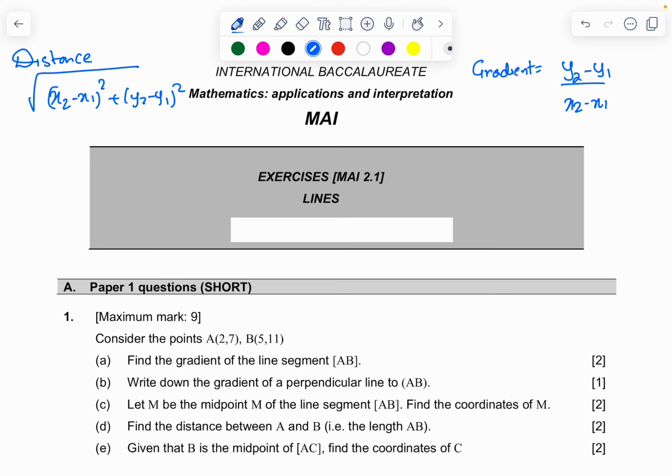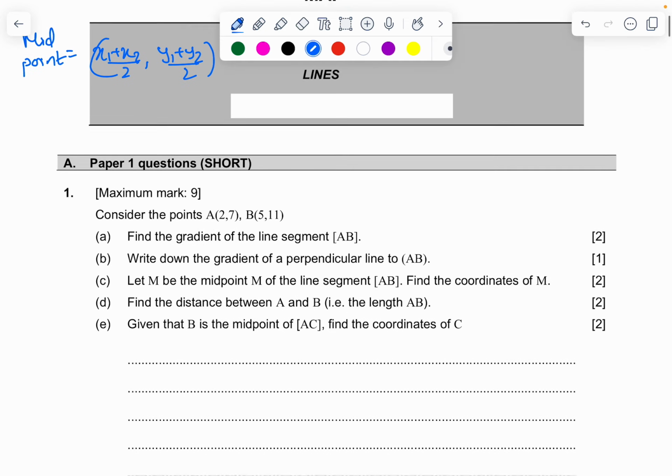And also the midpoint formula, which is (x1 plus x2 upon 2, y1 plus y2 upon 2). These are the basic three formulas. Other formulas, as and when we come across the questions, we will be discussing them.